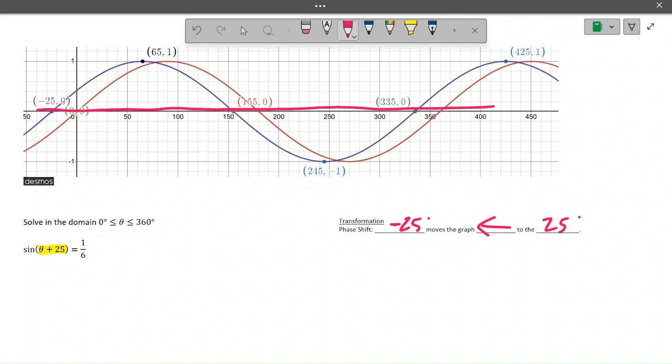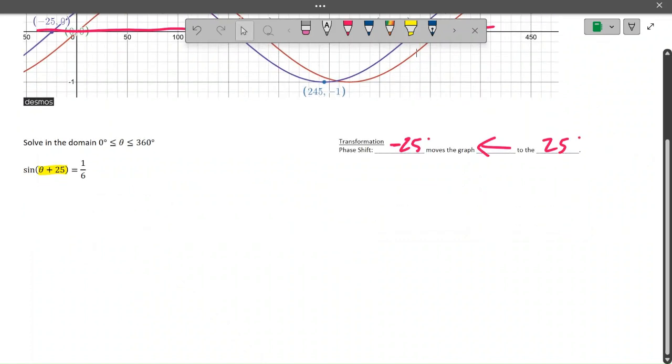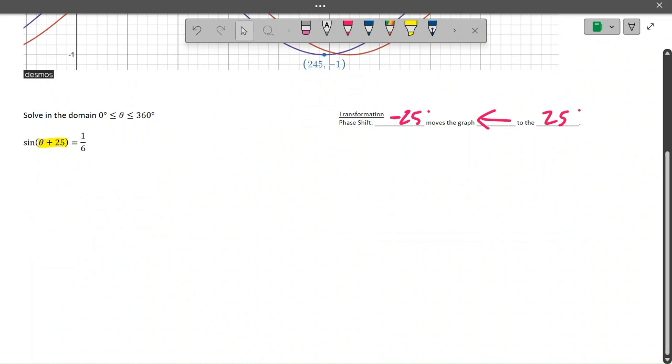But what we're going to see is we're looking for the intersection with the blue graph. We've got one right here very close to 150 degrees. I'm following my blue graph, and I've got another one right here pretty close to 335 degrees. So that's approximately where our answers are going to reside. So let's go ahead and find these solutions within 0 to 360 degrees.